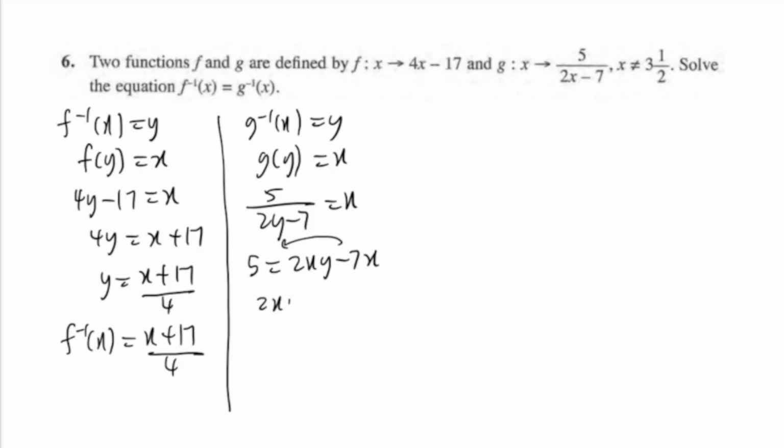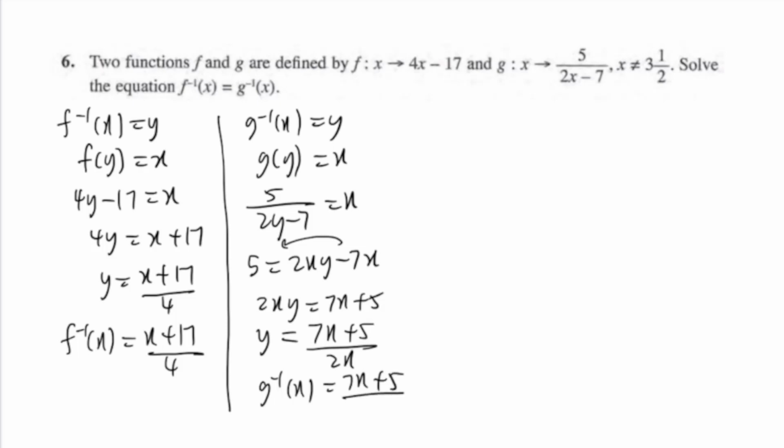So 2xy is now 7x plus 5. From here we divide by 2x: 7x plus 5 over 2x. This will be my g inverse. We write 7x plus 5 over 2x, x not equal to 0. Actually, you don't have to write x not equal to 0 because we don't need to show this answer.